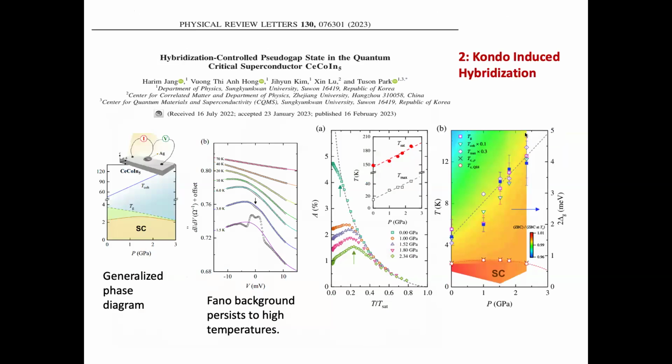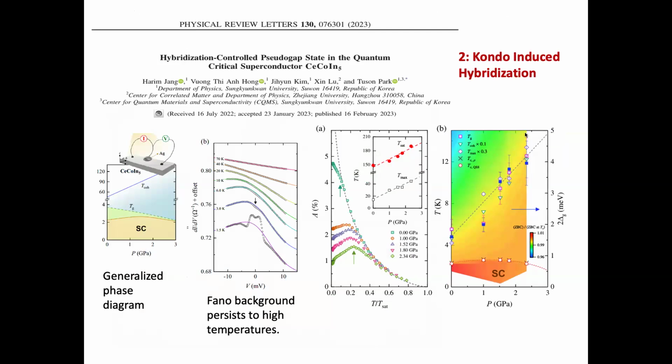And then there's this recent paper that I mentioned here, which is very convincing. They argue that this pseudogap has to be due to Kondo hybridization. I don't disagree with this. I've done this for years in the heavy fermions, which is that the background fits to a Fano line shape, right?